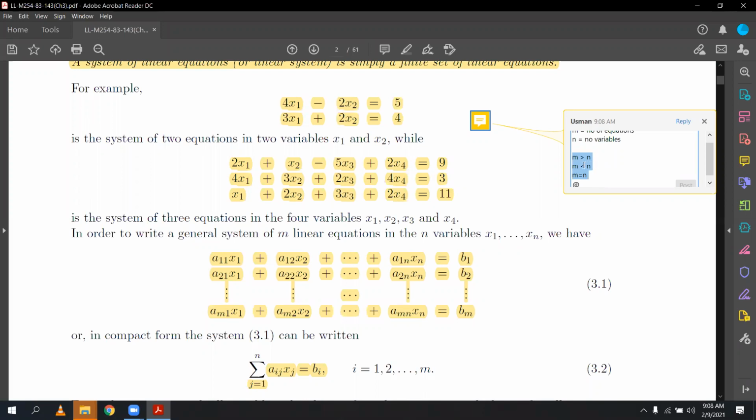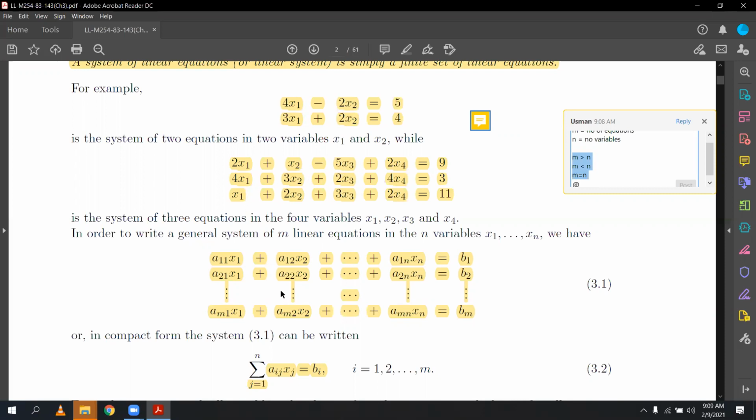Number one, M is greater than N. That means you are given more equations but fewer variables. Or M is less than N: you are given fewer equations and more variables, because M represents equations and N represents the unknown variables. Or M is equal to N. Here, for example, M equals N. Here you have N greater than M, because N is 4 and M is 3.